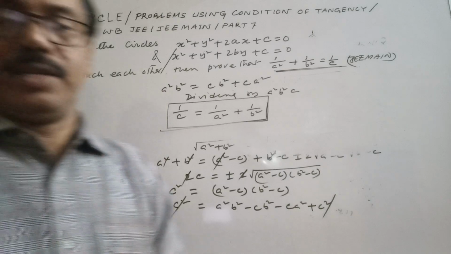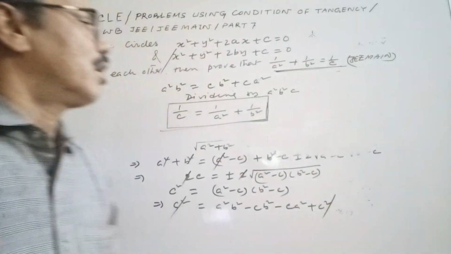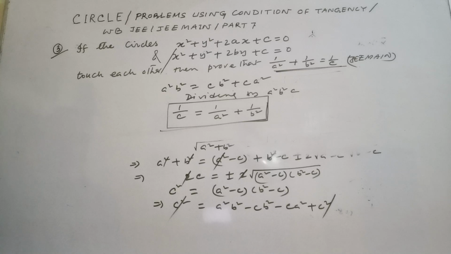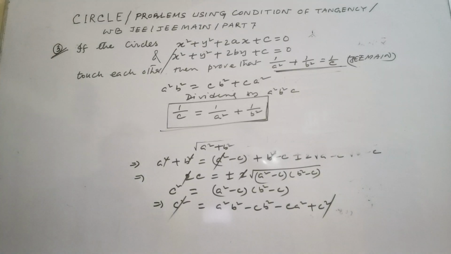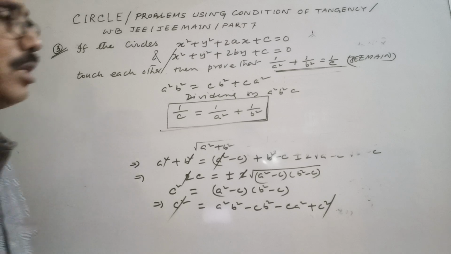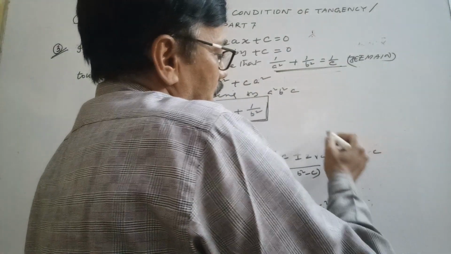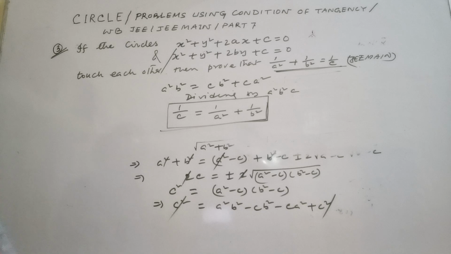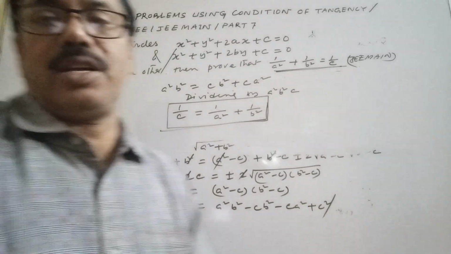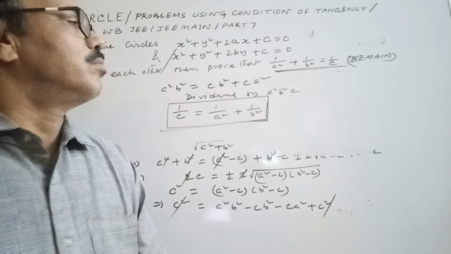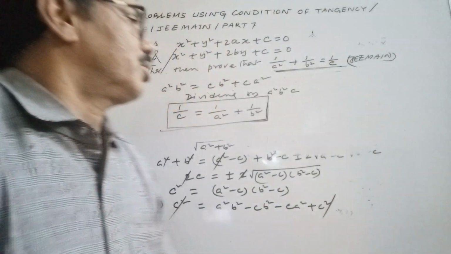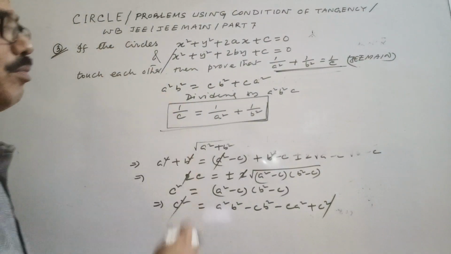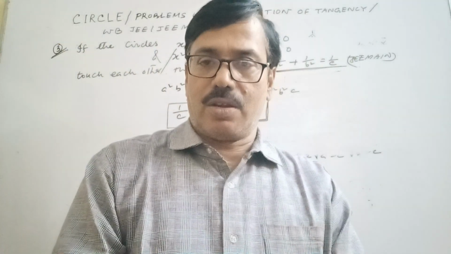So today I have solved 3 problems of circles using the condition of internal touch and external touch, when 2 circles touch externally and when 2 circles touch internally. So these are very simple and important problems. So thank you for today.